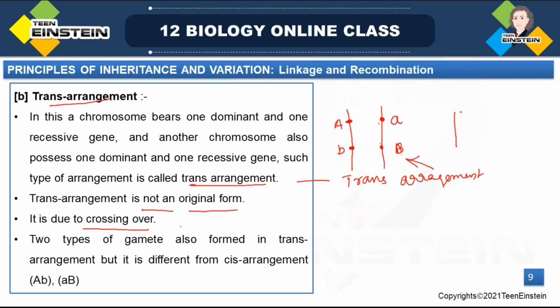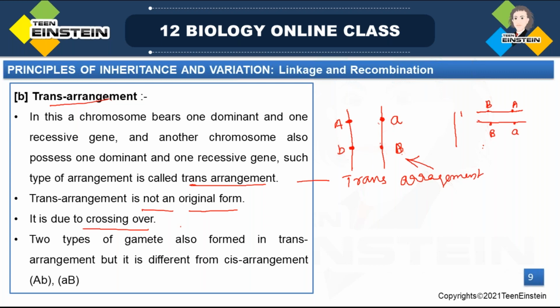I'll tell you. Like these chromosomes, here A and B. We said this is the original one, right? This is A and this is B. This is the normal arrangement of genes on a chromosome, the original form. The trans arrangement is not the original form, and it arises due to crossing over. These chromosomes will cross over.